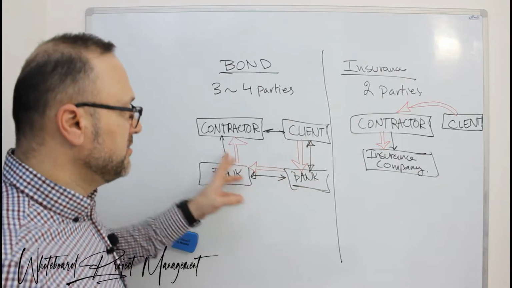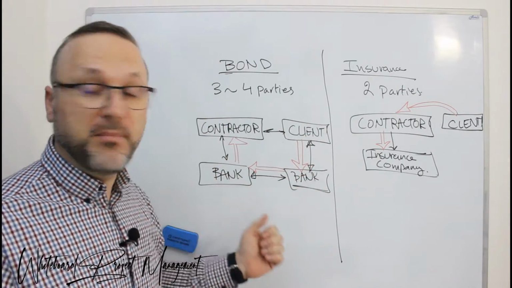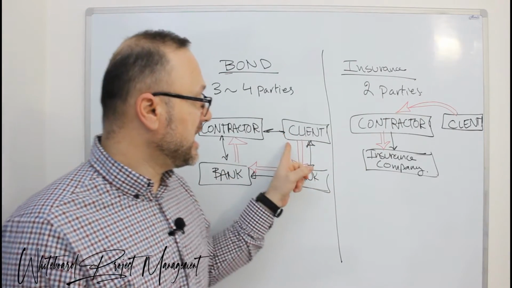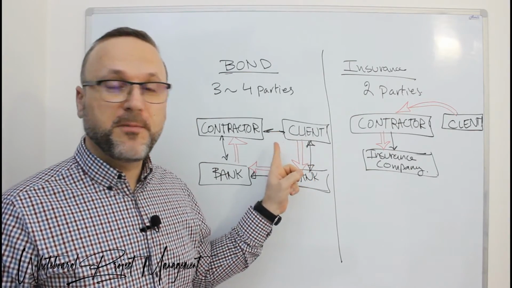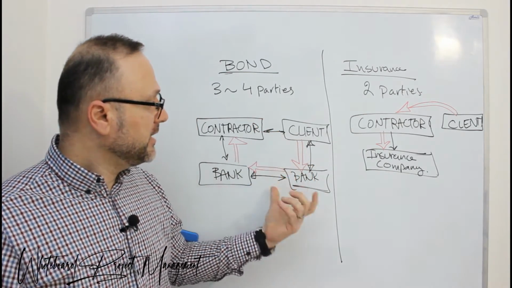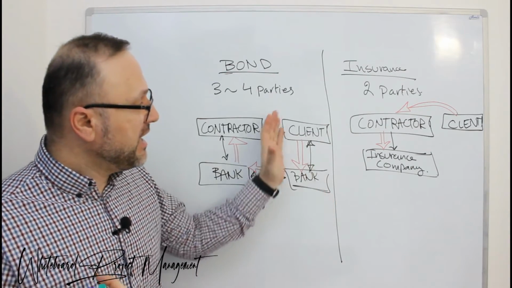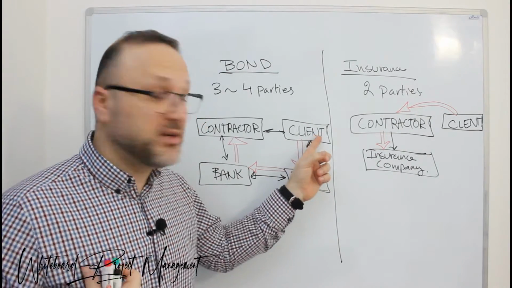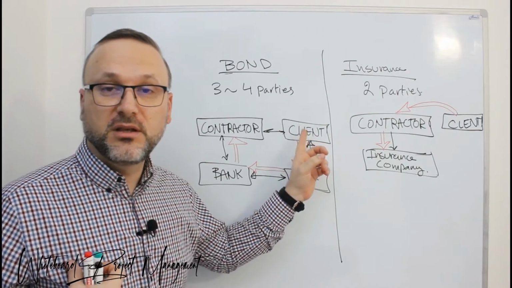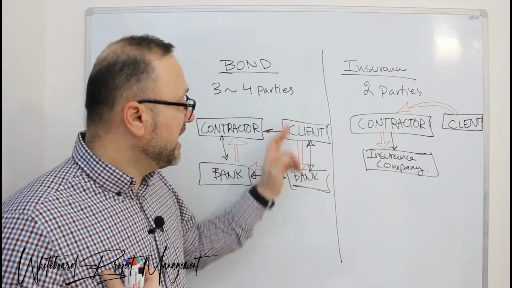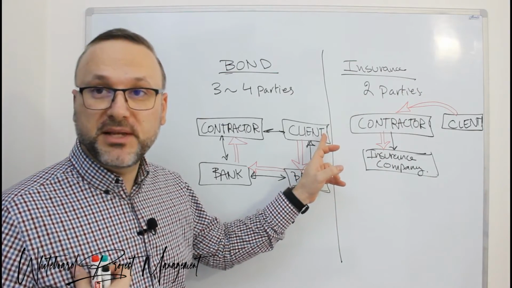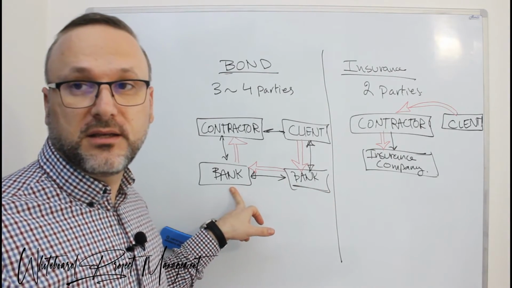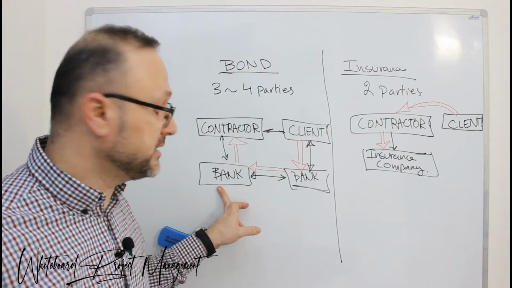You could say, okay, but this is a more complicated process, but as a client, for this contract, I am more insured. I have the value that if anything happens, the bank will cover it for me because I have a guarantee bond, I have a performance bond, and my bank will cover it for me immediately, and will deal with it later with the bank of the contractor.